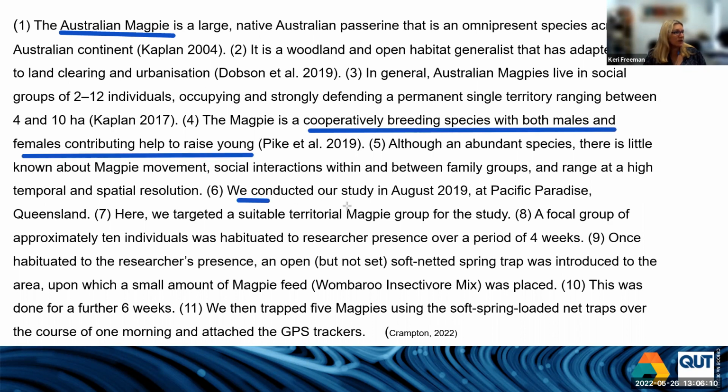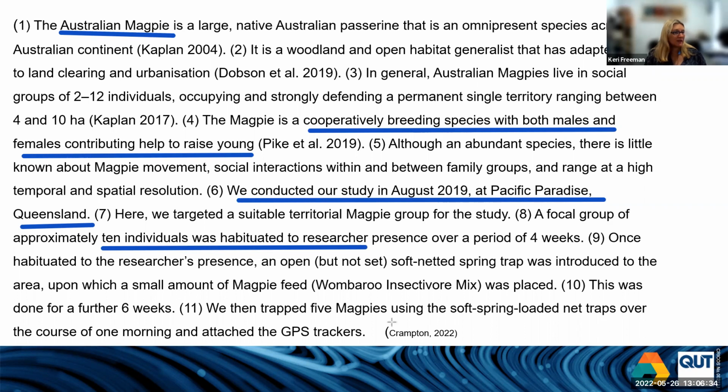Okay, look at this. We conducted our study in Pacific Paradise, Queensland, and they found 10 individual magpies, and they were habituated to the researchers' presence. So basically, that means they sat there so that the magpies got used to them being there over 4 weeks.